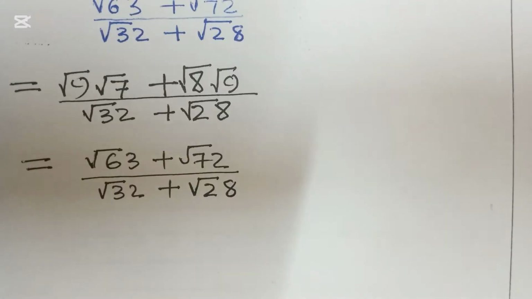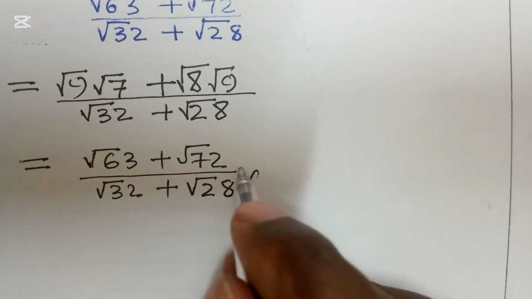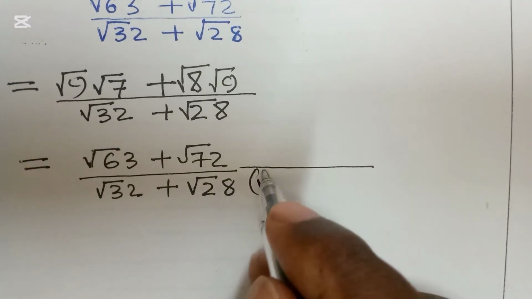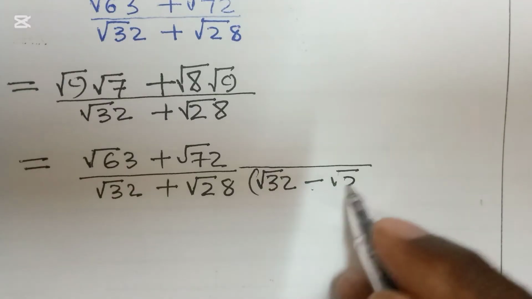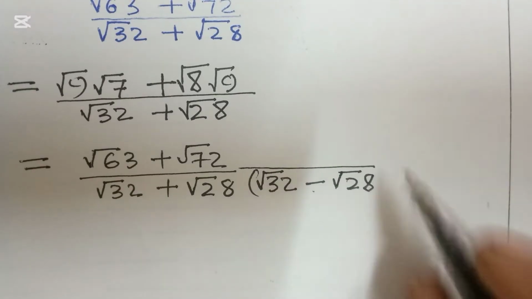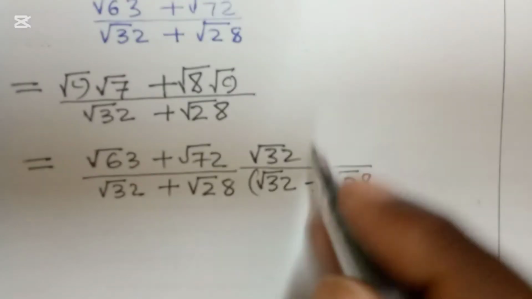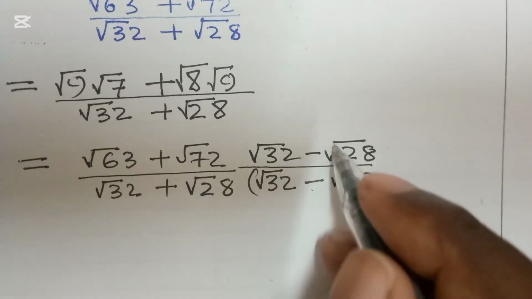Guys, I can start by finding the conjugate for this. That is now multiplying both sides by that conjugate, square root of 32 minus square root of 28. So the same thing I write here: square root of 32 minus square root of 28.